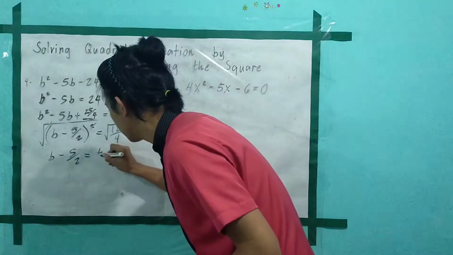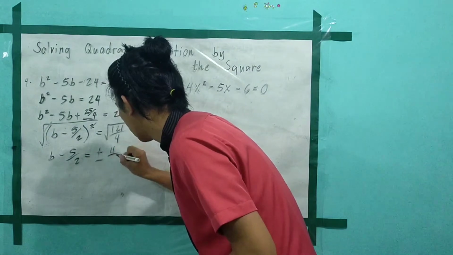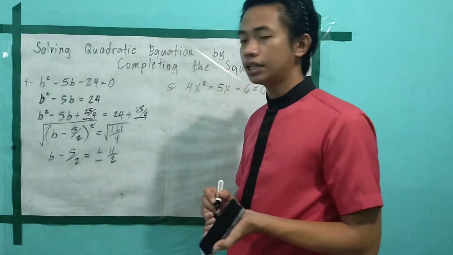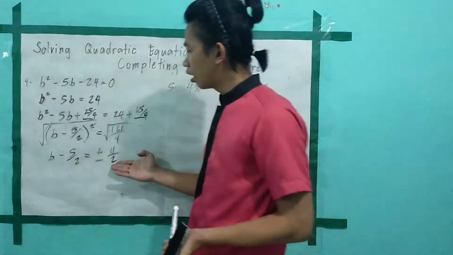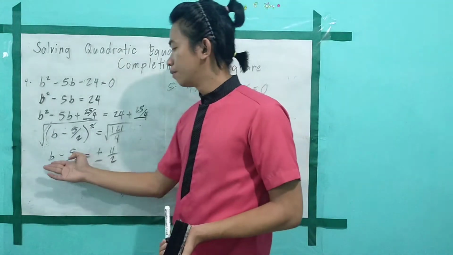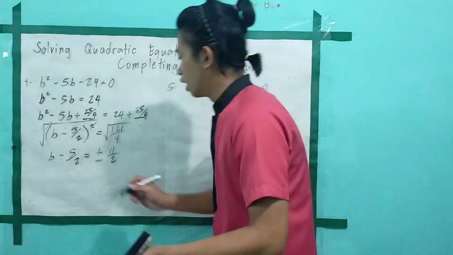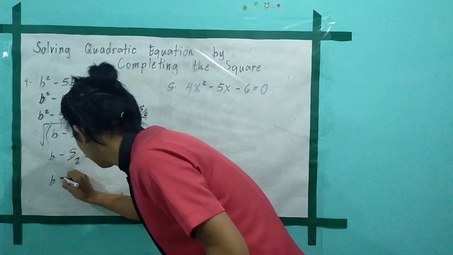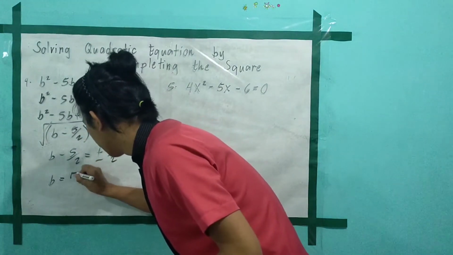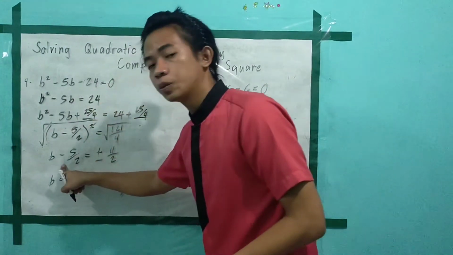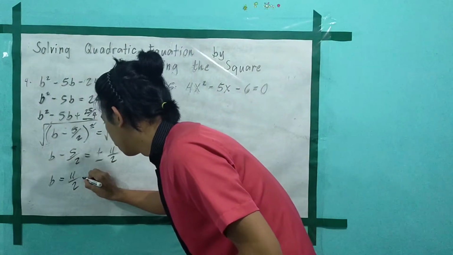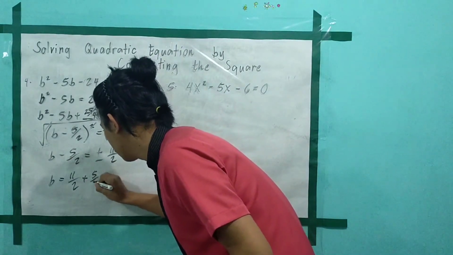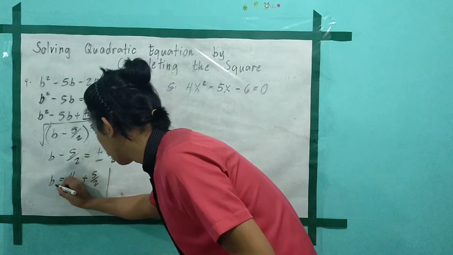So magiging positive negative 11 over 2. Now, solve for the value of b. Okay, so magkakaroon na ng b is equal to positive 11 over 2. Transpose natin, so magiging positive 5 over 2. And the other one, yun yung ating b sub 1.